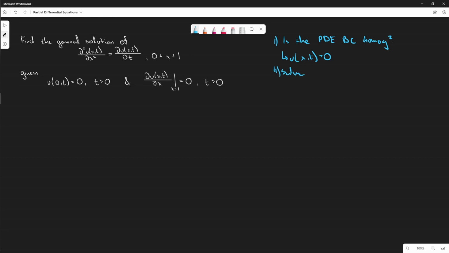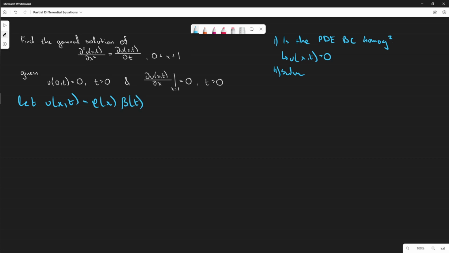Like I mentioned, we are going to use separation of variables. We are going to let our function u(x,t) be a product of 2 functions that we'll call phi of x times beta of t.